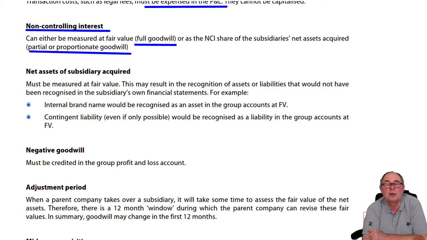Well, that's your view, that's fine. But the point is, there is no need for consistency when they make this. Is this an accounting policy? Difficult word. I think the word they use for it is an election. You can elect to use full goodwill or elect to use partial. We'll revise the calculation for both later.